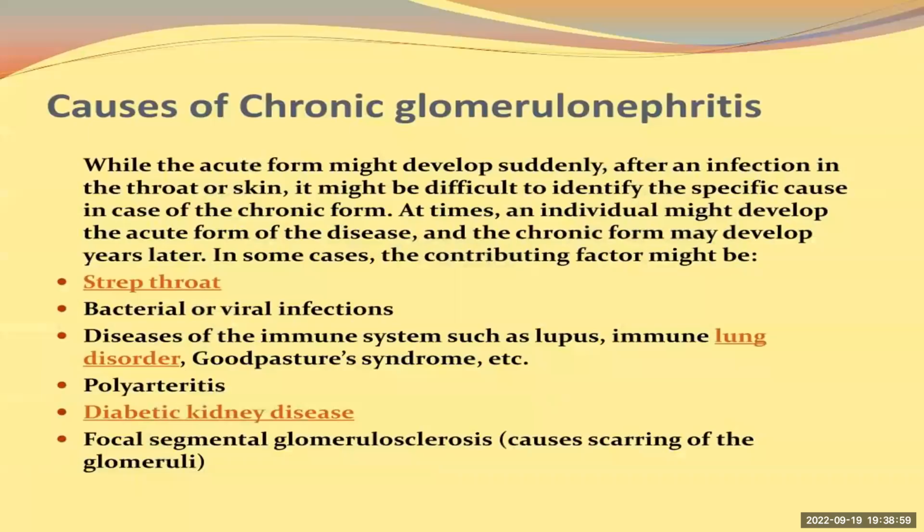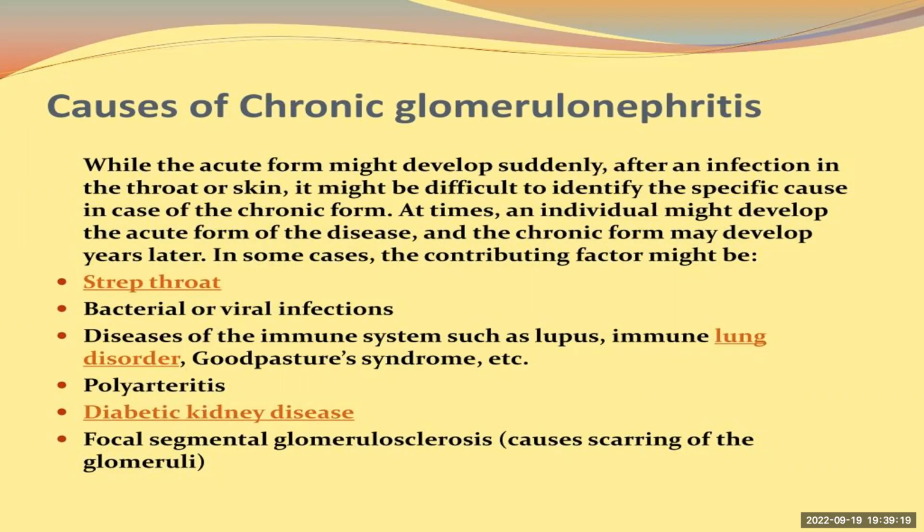Clear? And what are the causes of chronic glomerulonephritis? In the acute phase, it would have started developing suddenly, but that is not the condition of chronic glomerulonephritis. It may take time.